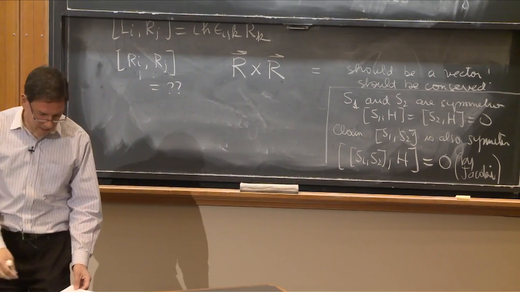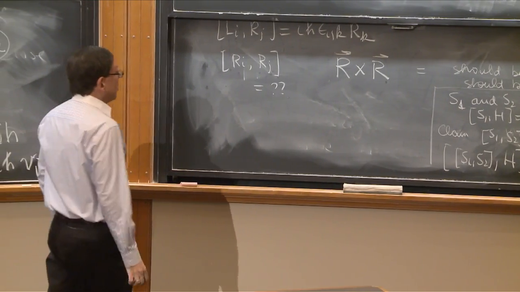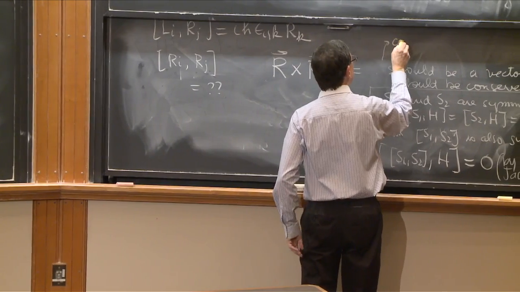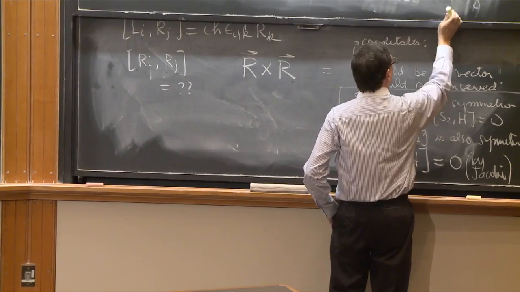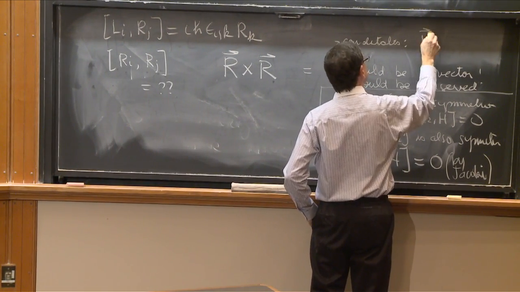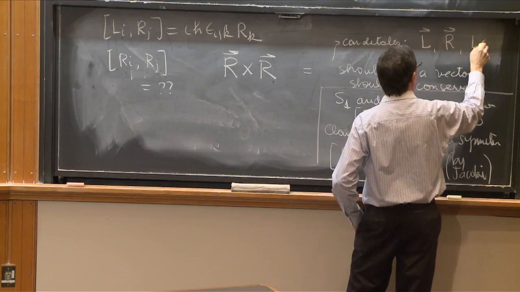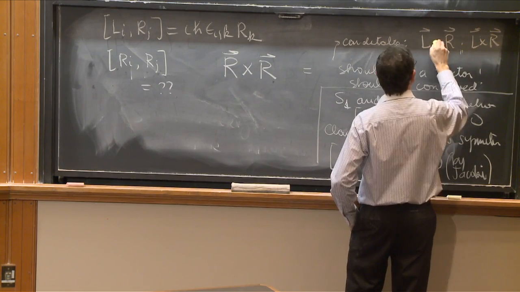And what are our conserved vectors? Well, our candidate conserved vectors here are L, R itself, and L cross R. That's pretty much it.